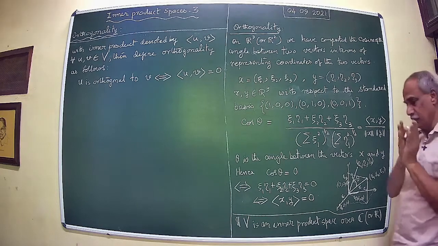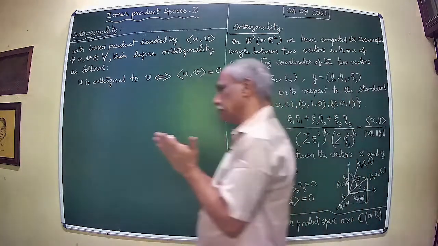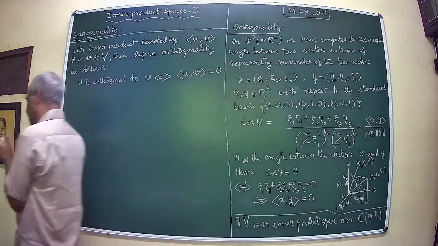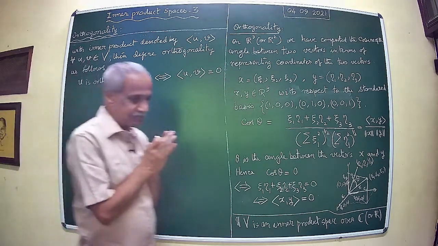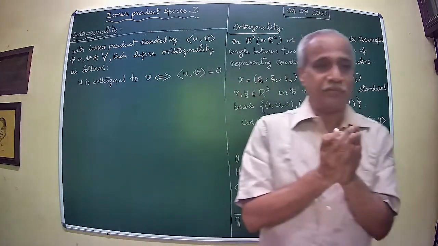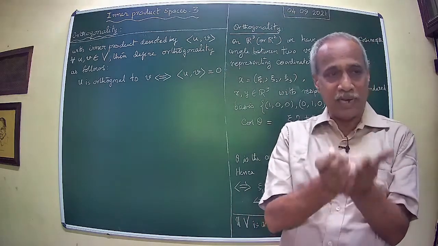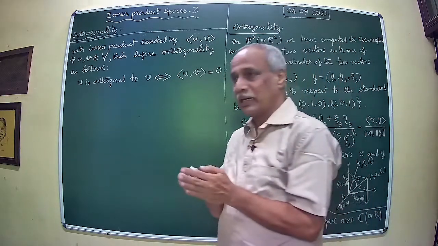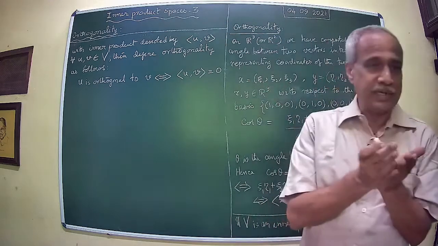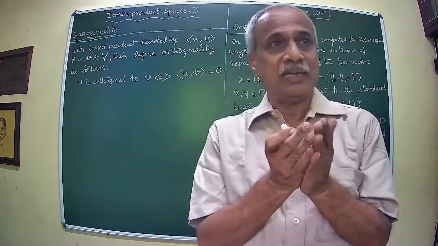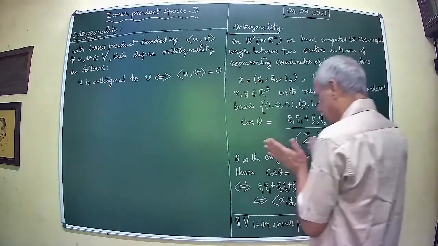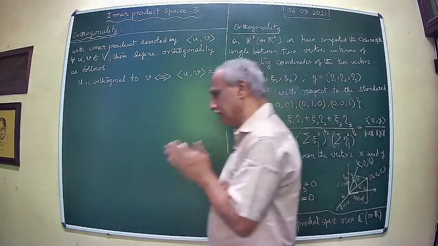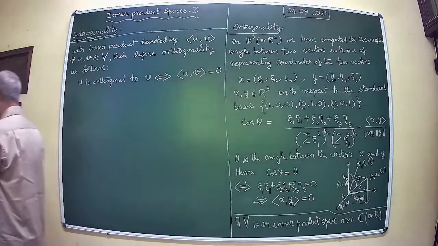So we are trying to make an inner product space a natural generalization of R2 or R3. Okay. So we have taken up the concept of orthogonality there, and we represented the cos theta, where theta is the angle between two vectors in R2 or R3, in terms of the inner product or the dot product.